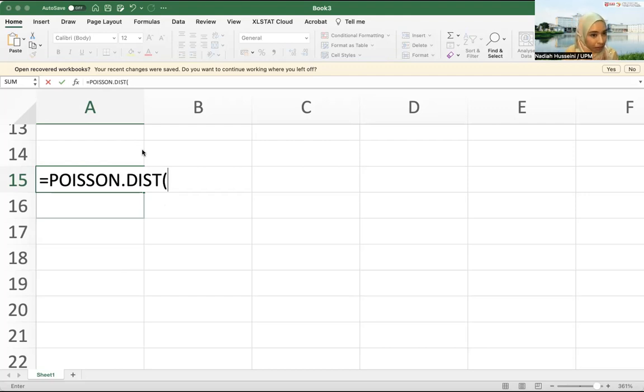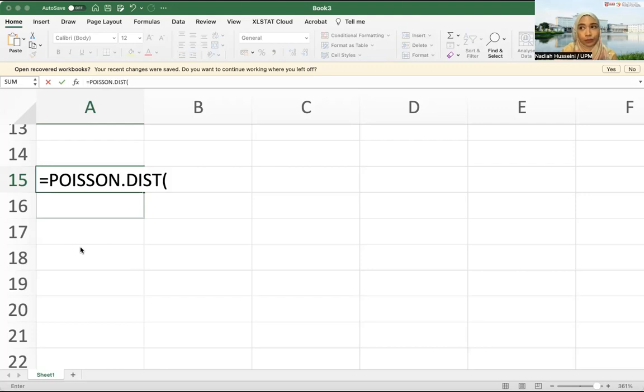Mean is your lambda. And cumulative is, again, an option for true or false. If you choose false, we're going to find the probability mass function for Poisson. If you choose true, you are going to find the cumulative distribution function for Poisson.